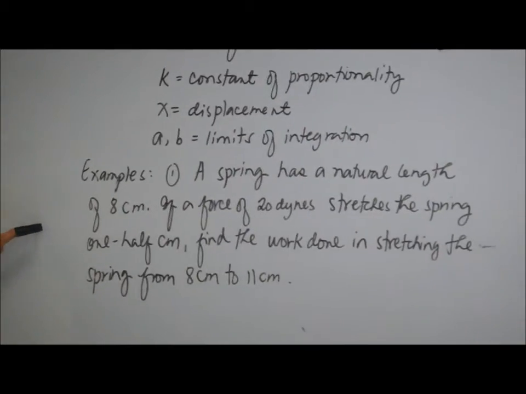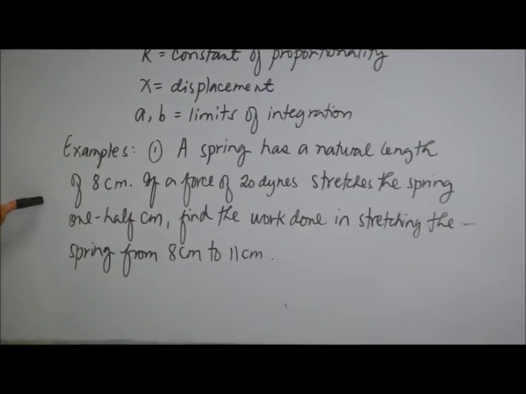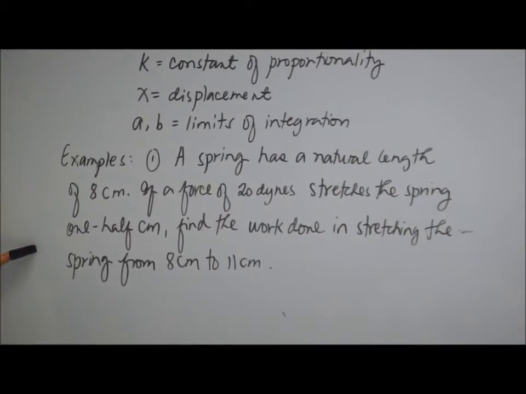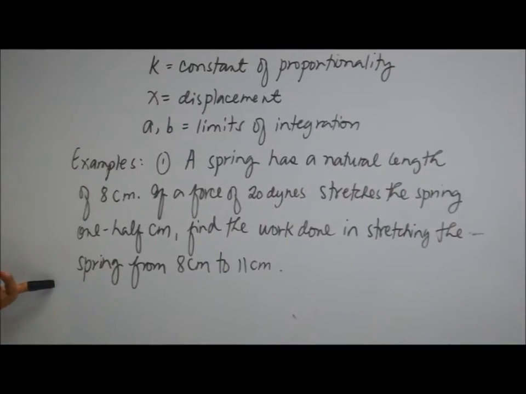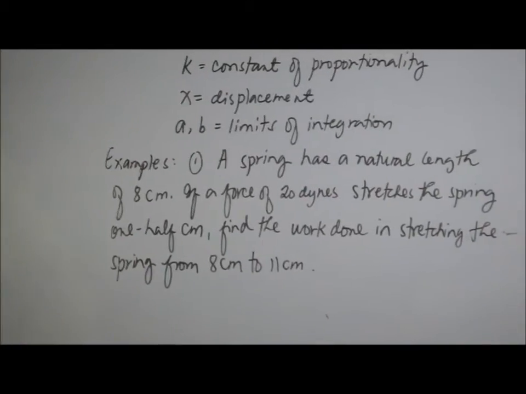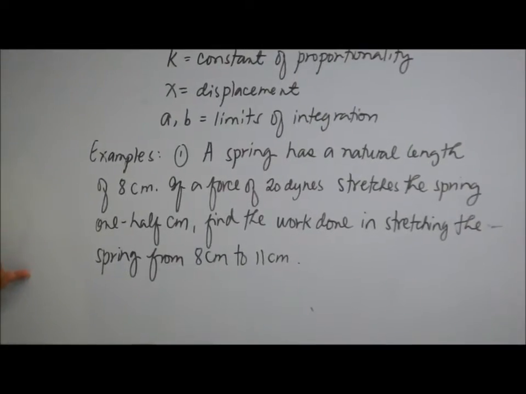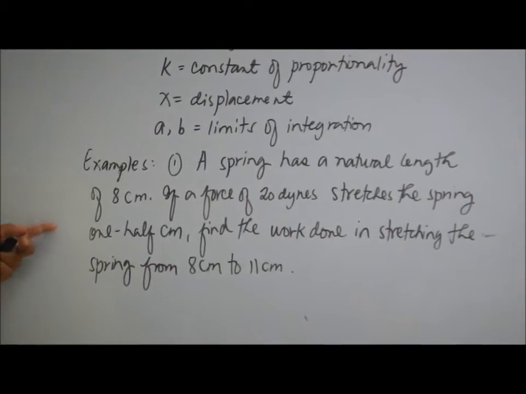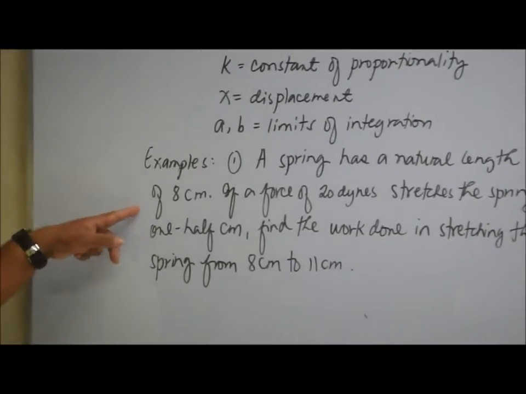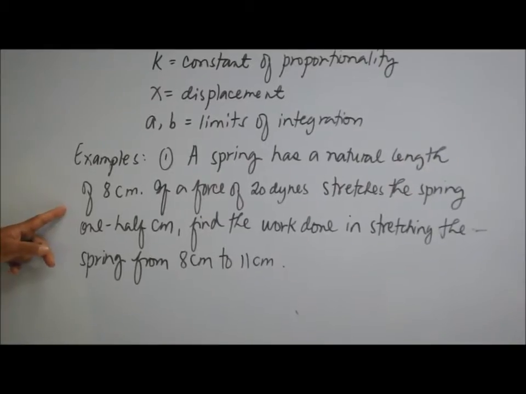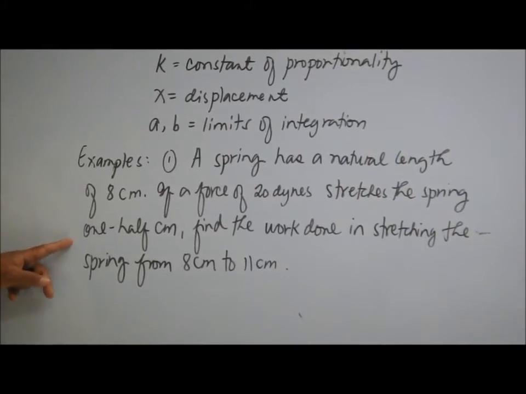A spring has a natural length of 8 cm. If a force of 20 dynes stretches the spring 1/2 cm, find the work done in stretching the spring from 8 cm to 11 cm. So let us identify the given here. We have the natural length of the spring, which is 8 cm. And there is a force of 20 dynes that stretches the spring 1/2 cm.